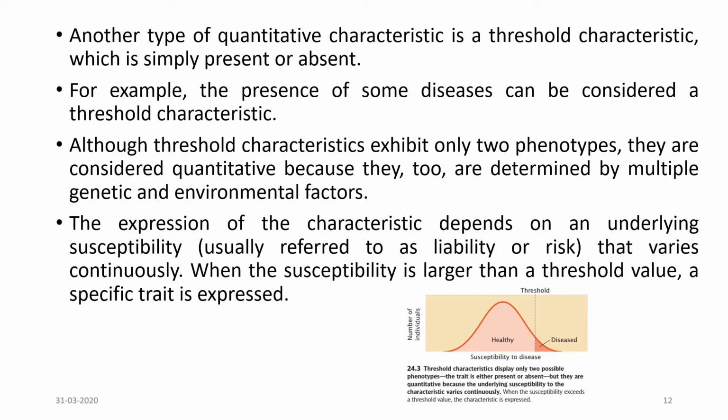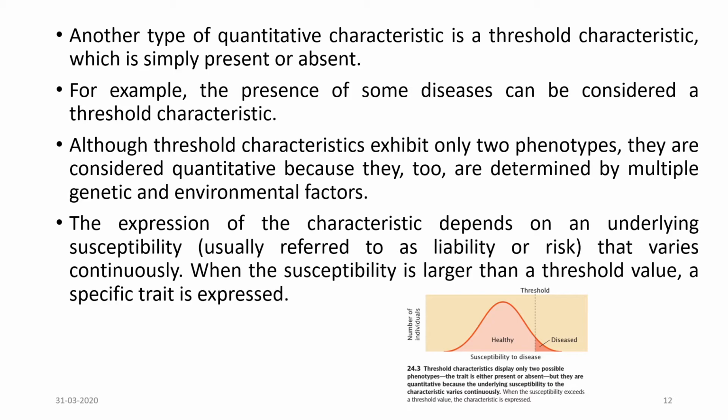Another type of quantitative characteristic is the threshold characteristic, like when we say the disease is present or absent. So that's a threshold: above the threshold value, there is definitely appearance of the disease. Threshold characteristics exhibit only two phenotypes.